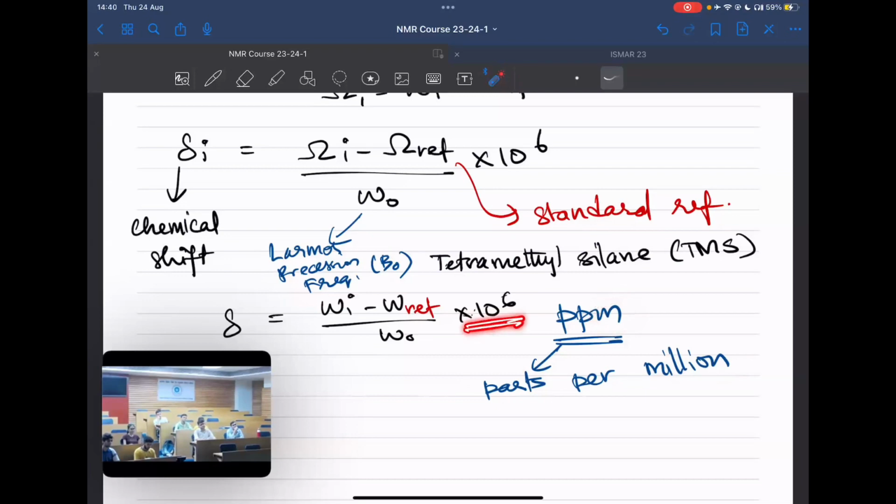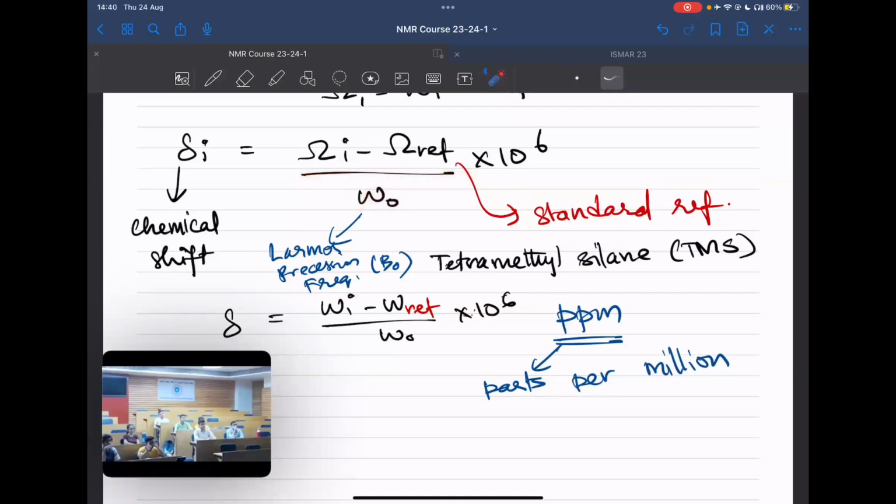It comes up because of this factor that we end up multiplying the entire omega i minus omega ref by omega naught. This happens largely because this precession frequency will be in megahertz, so will be omega ref. Or you can go here, where the difference in omega i and omega ref will be in kilohertz, or even actually a few hertz, divided by something in megahertz.